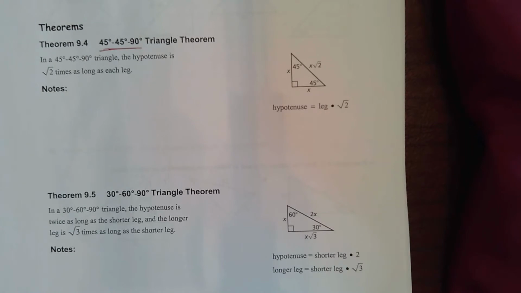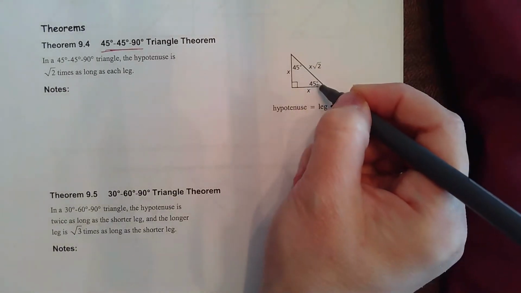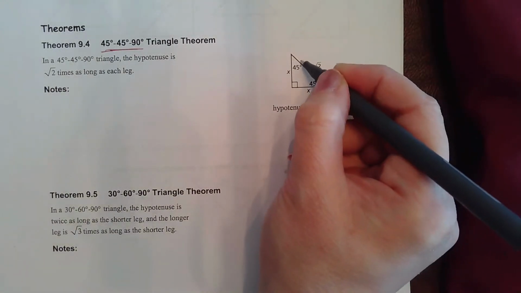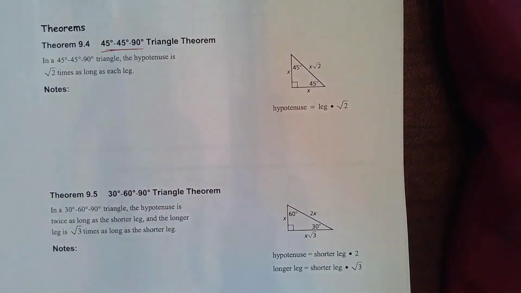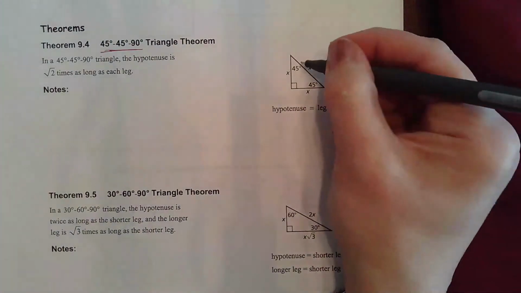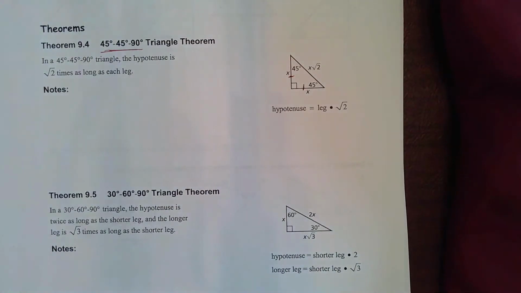What that means is that we're talking about the angles in the triangle. Obviously the right angle, and then we have two other angles that are acute, and in this particular one, we know that they're both 45 degrees. So think back to what we learned about angle and side relationships. If these angles are the same, then the sides across from them have to be the same.